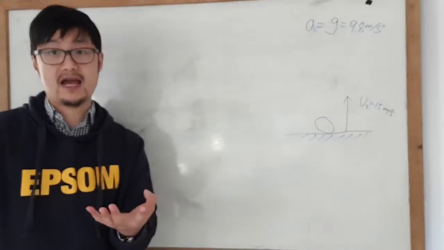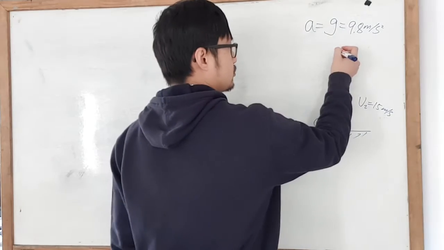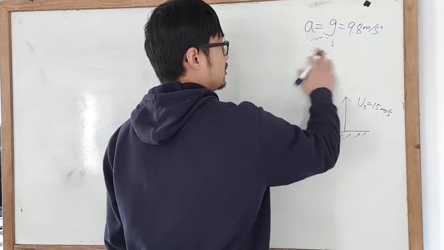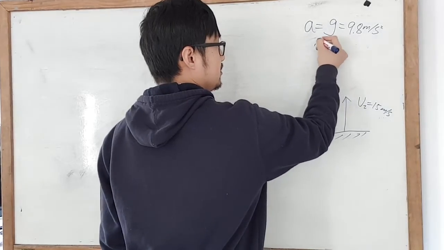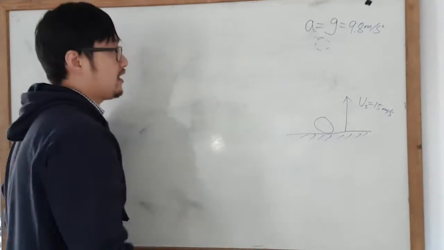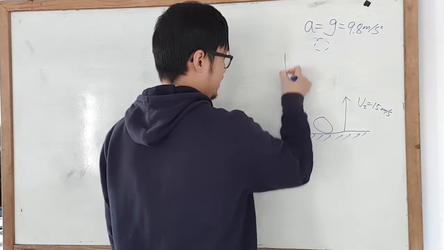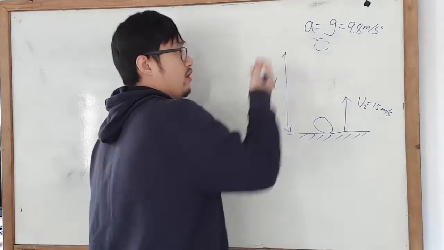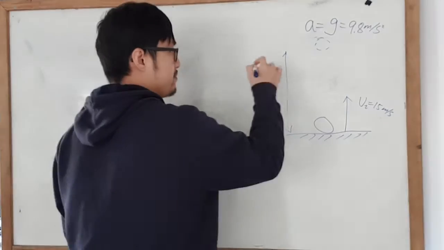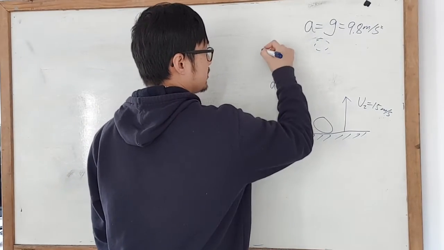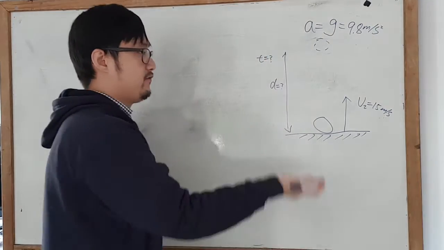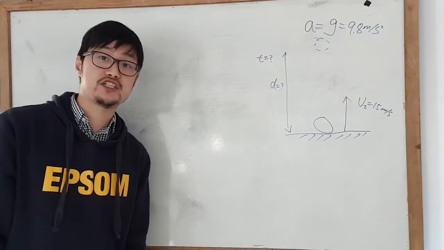The question will ask how high this ball can reach, because it's going to reach a height and then start to fall down. There are two questions: one is calculating the distance the ball can rise, and the other is how long it takes for it to reach the top position.